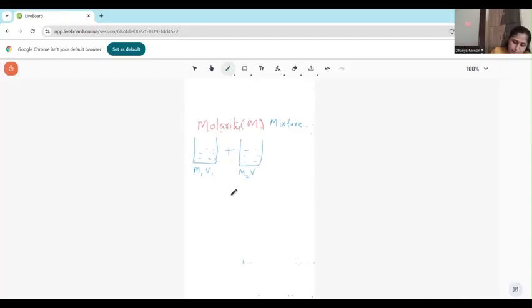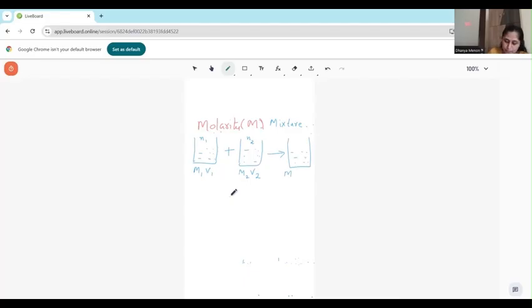In the first case, the number of moles of the solute is N1, and in the second case, I'm adding the same solute in a different volume, and the number of moles of solute is N2.